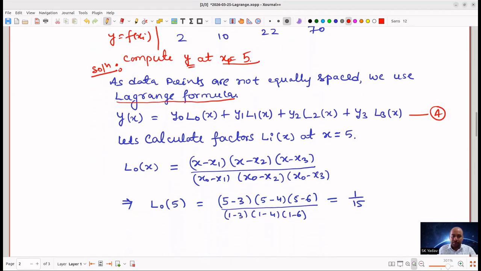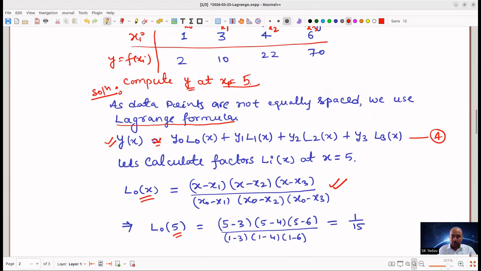Let's make it A. So y(x) is the polynomial. It can be approximated by y0 L0(x), y1 L1(x), y2 L2(x), y3 L3(x). And I have to compute these cofactors at x equal to 5. I have already written this first factor L0, and you can see I have put in the values.